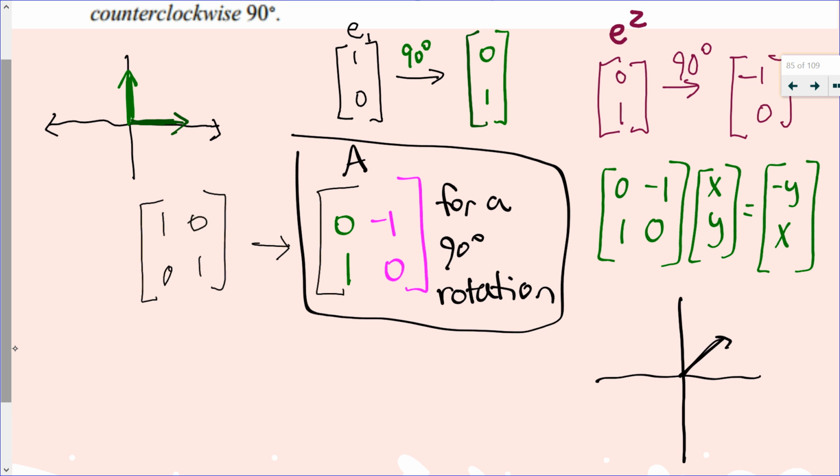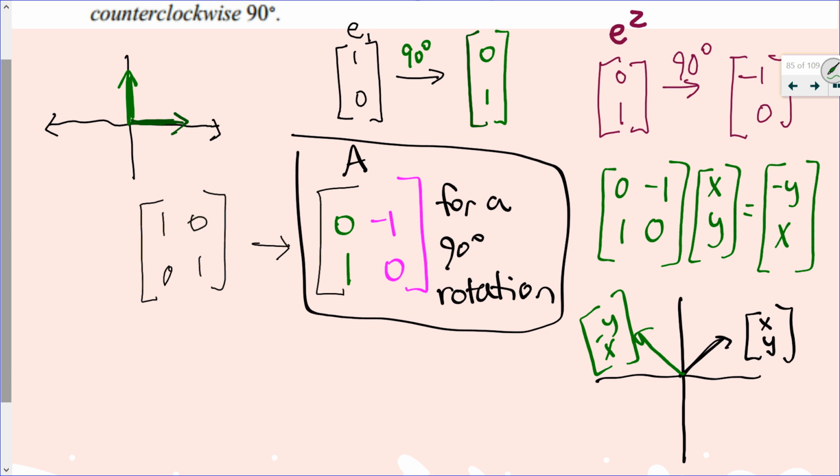Let's say this is the vector x, y, and then if I consider negative y, x, what's the relationship between the slopes of those two vectors?